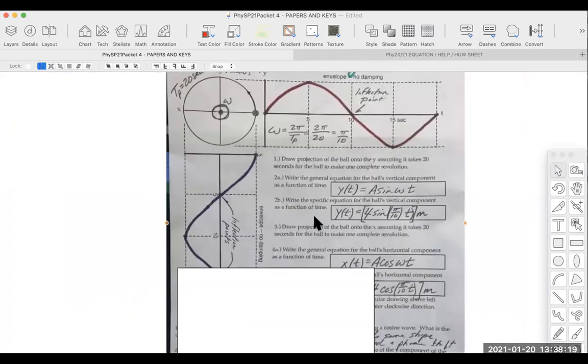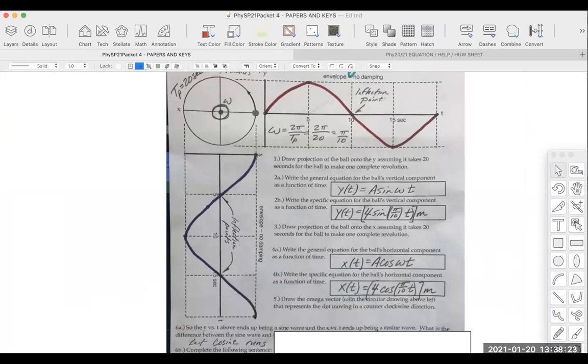Okay, so when the boss is here, the x position is 4 meters in our case, but the y position is 0. But as the boss goes from here up to the top of the circle, the y position goes to 4 and the x position goes to 0.